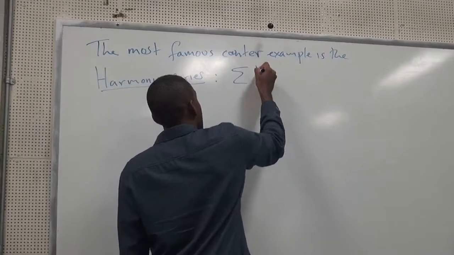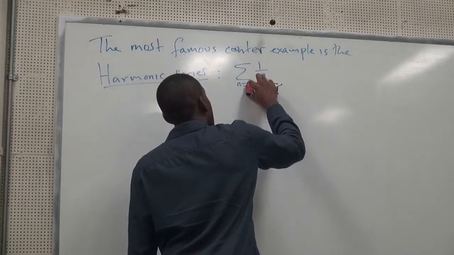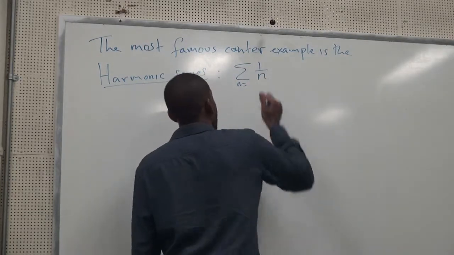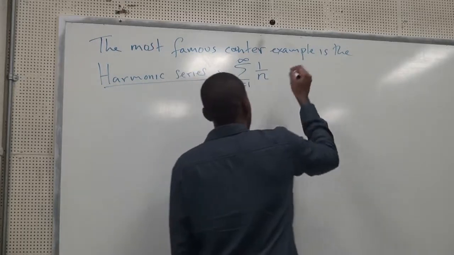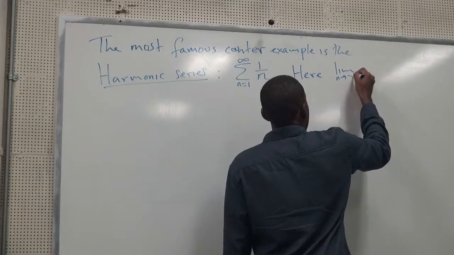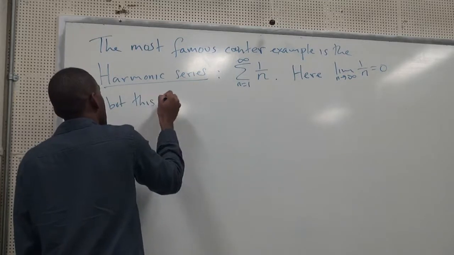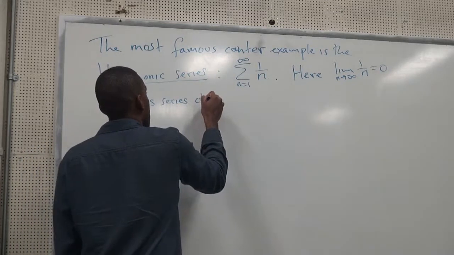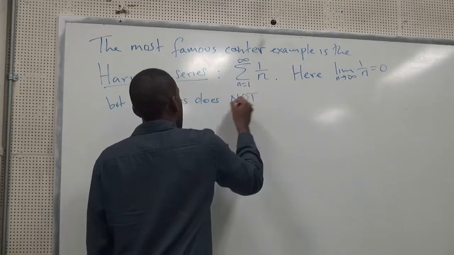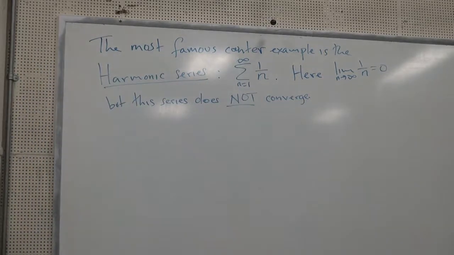It's the guy that looks like 1 over n, as n goes from 1 to infinity. There are cases where the limit is 0, but it doesn't converge. So be careful of that, right? This can only tell you about divergence. It cannot tell you about convergence.